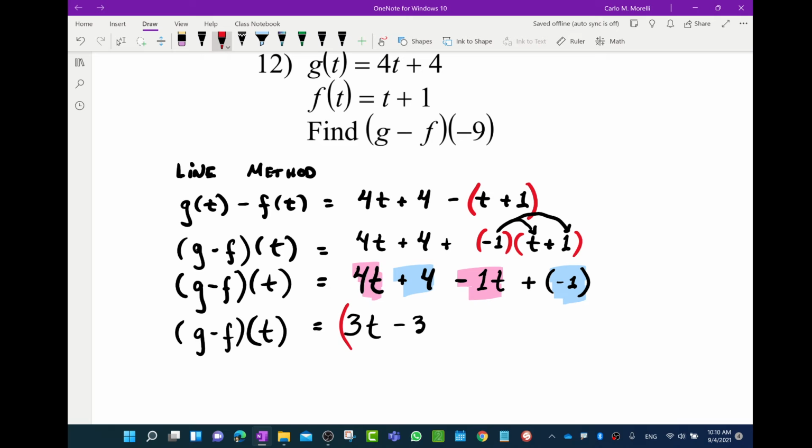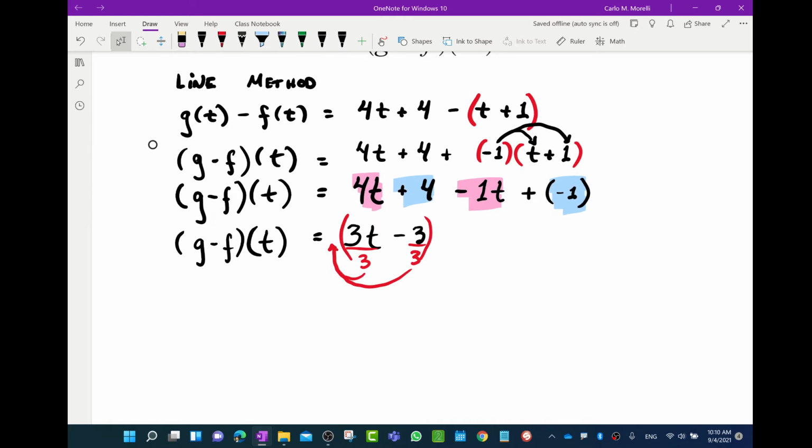And again, right now, it's not absolutely crucial that you do this, but the greatest common factor of those two terms is 3. And so you can actually pull that 3 out like this. You're basically dividing it out. Let me show you what that looks like.